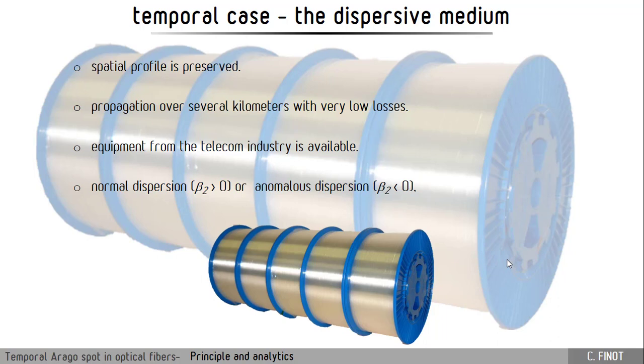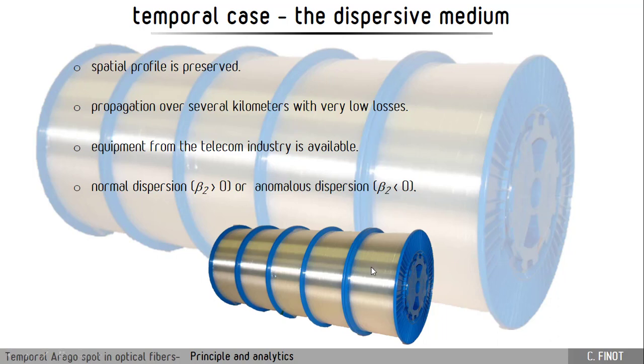What is also very stimulating is that we can have access to all the devices from the telecommunication industry. So we have very good photodiodes, very good equipment to characterize the device.